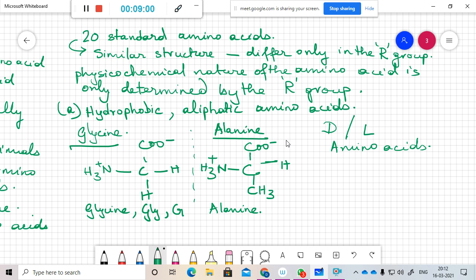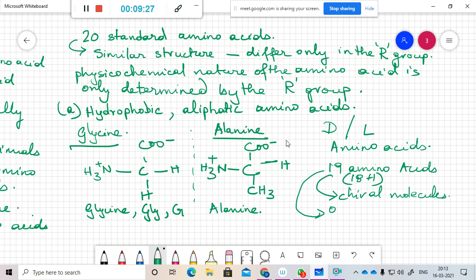So all the 19 amino acids, and of course one imino acid is also there, that is 18 plus 1 imino acid, proline, are chiral molecules, and only glycine is achiral.